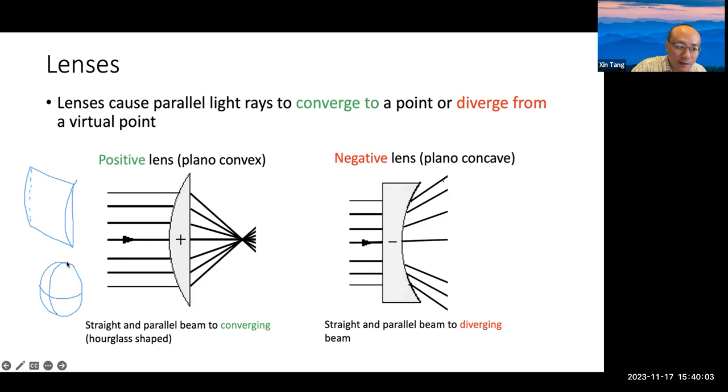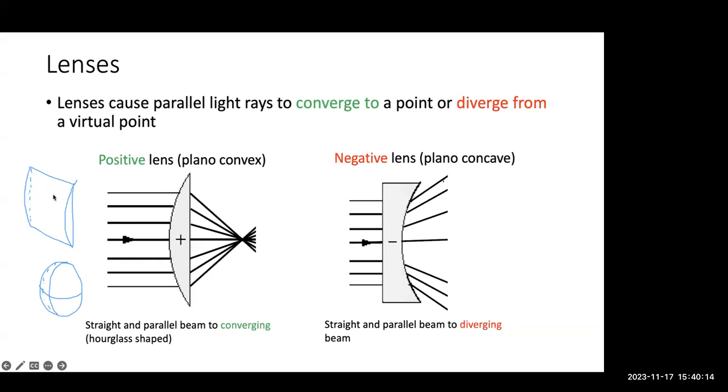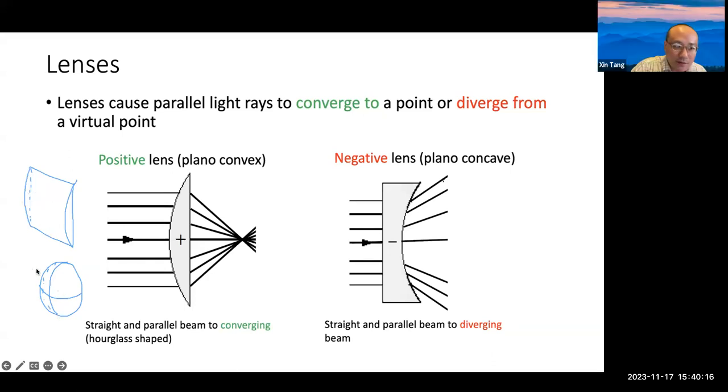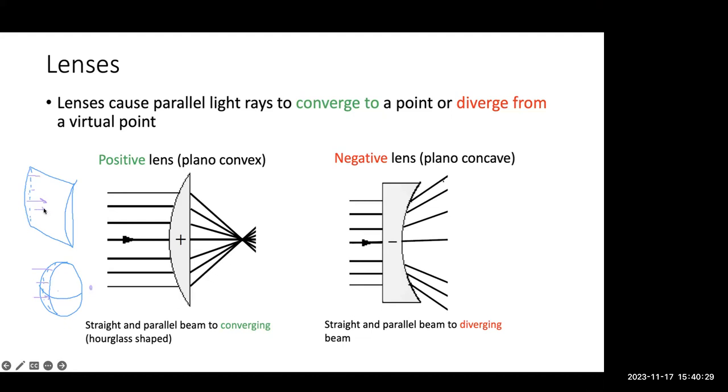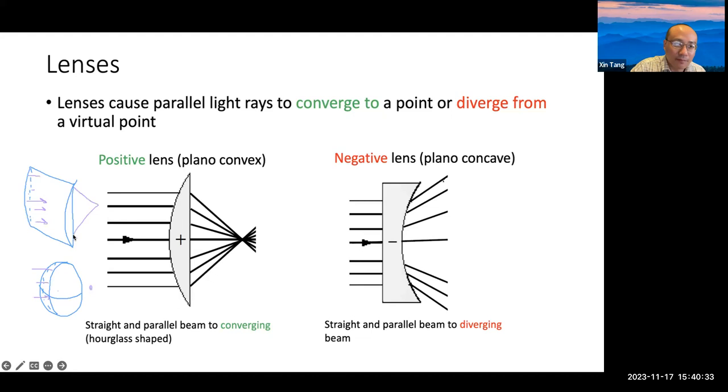And more like this. You understand my point? Spherical lens. Then for this one, if you have light coming in, it will focus at one point at the back. But for this one, if light comes in, what will happen? Focus in a line. Exactly. Excellent. It will focus on a line.